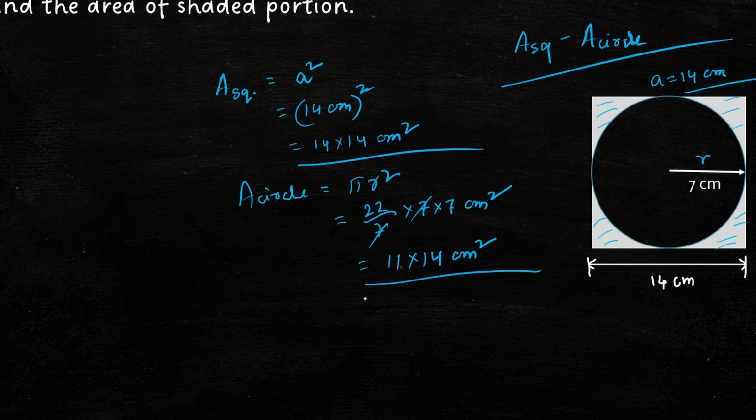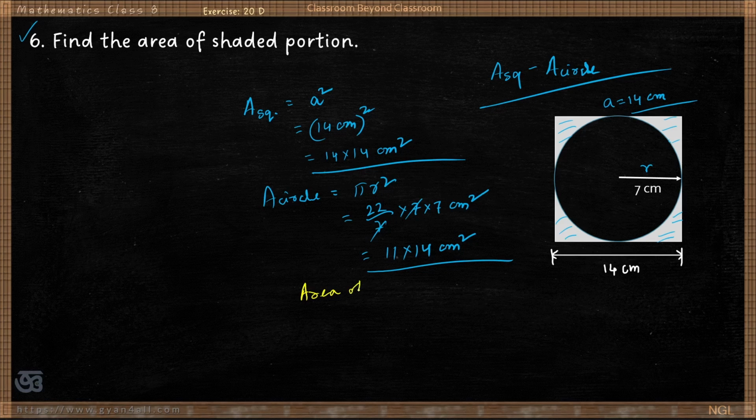Now area of the shaded portion is equal to area of the square minus area of the circle. So area of the square is 14 multiplied by 14 centimeter square minus area of the circle is 11 multiplied by 14 centimeter square.